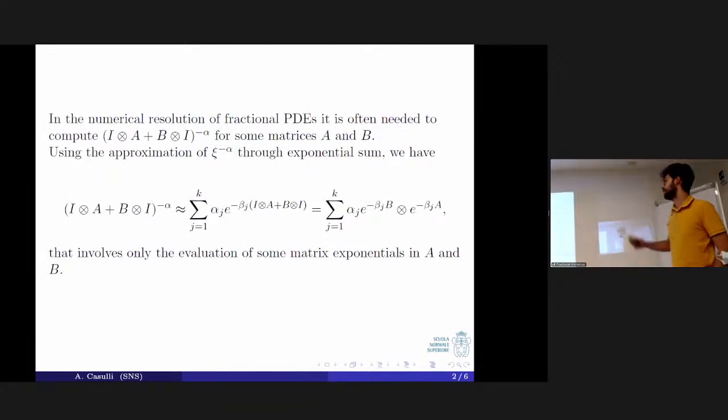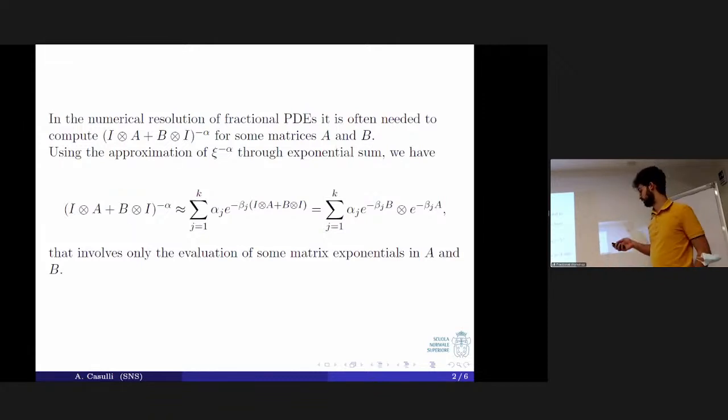The numerical resolution of fractional PDEs often needs to compute the inverse of the alpha power of a Kronecker sum, that is a matrix that has this form, where this symbol is the Kronecker product and A and B are two matrices.